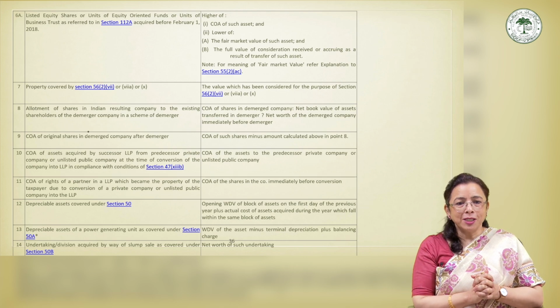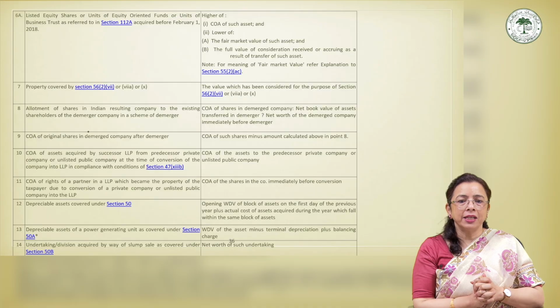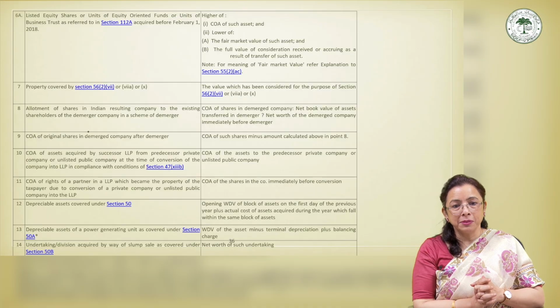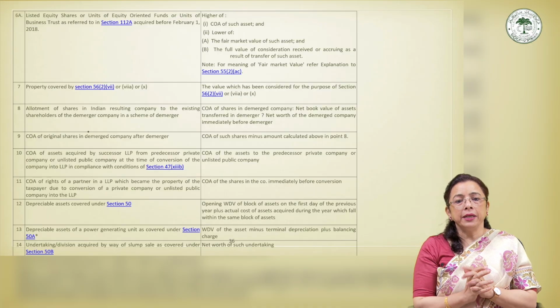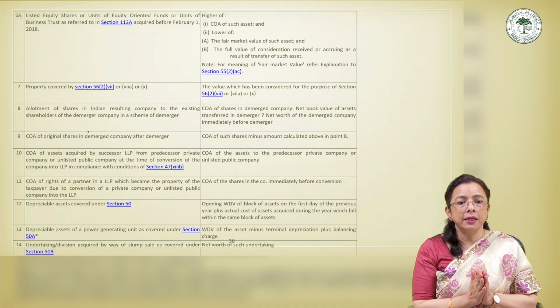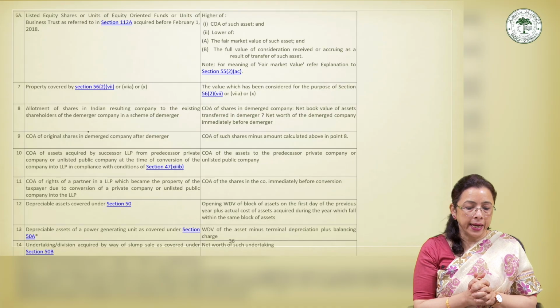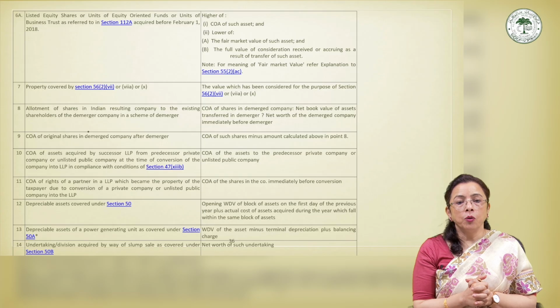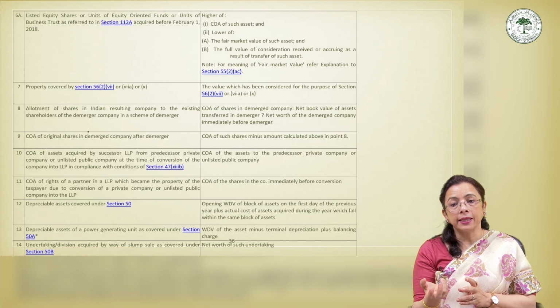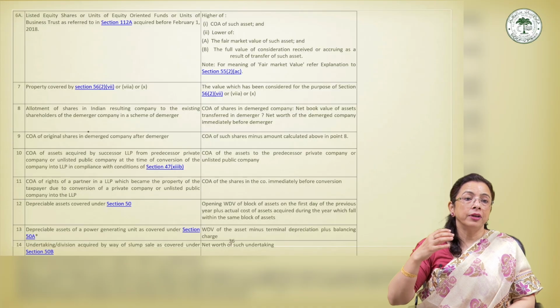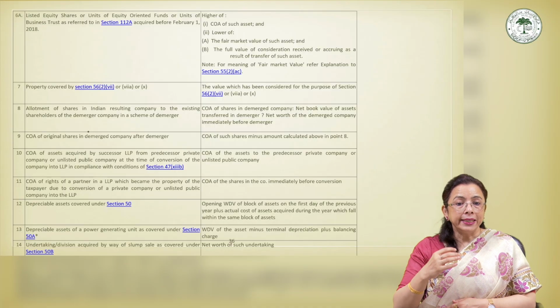Coming to the last point, that is undertakings which are acquired through slump sale. As already explained, it is the bulk sale or the lump sum sale. Section 50B handles this. When an undertaking or division is acquired through slump sale, then the undertaking itself is treated as a capital asset.